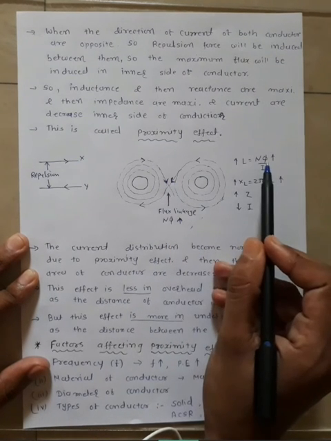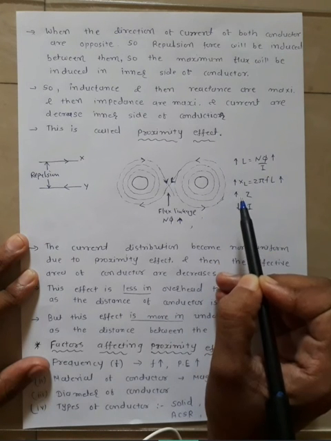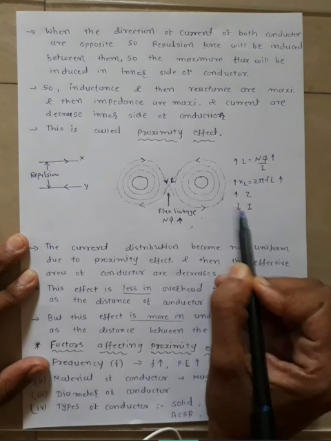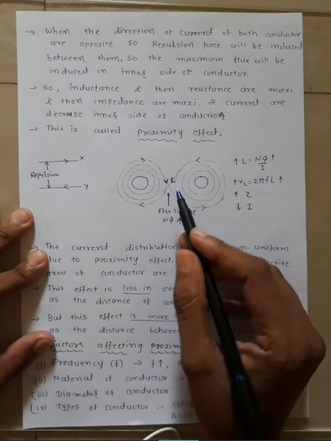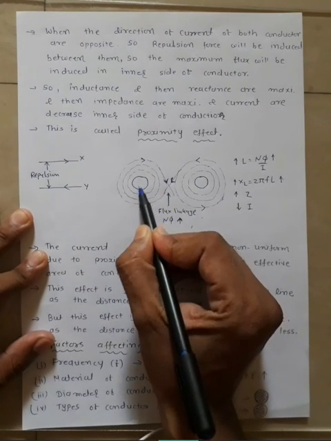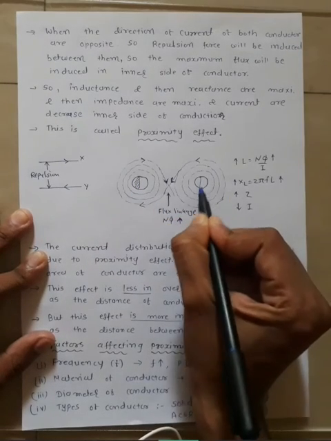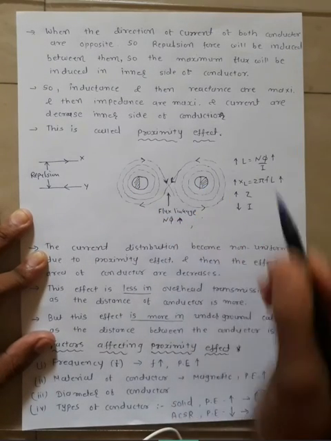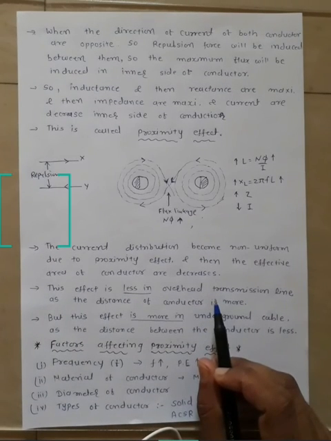So the inductance, inductive reactance and impedance Z are maximum, and the current decreases on the inside. More current passes through the opposite side of the conductor, like this. This means the current distribution becomes non-uniform due to the proximity effect.